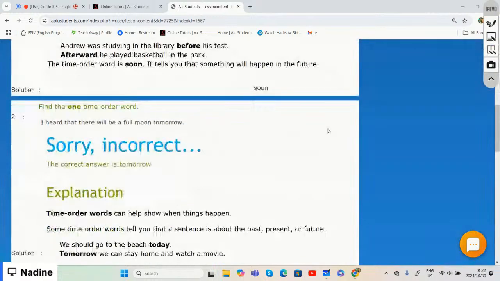All right, if we look at another one, it says, I heard that there will be a full moon tomorrow. What is our time order word within that sentence?